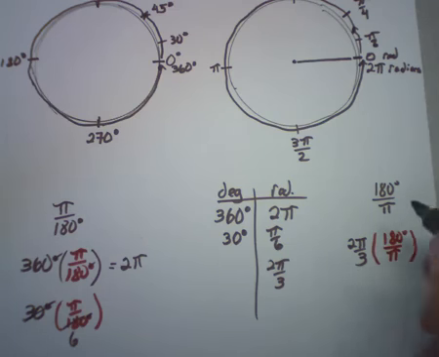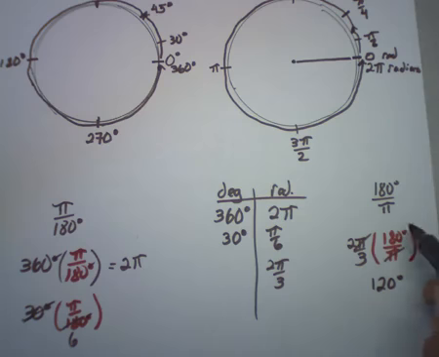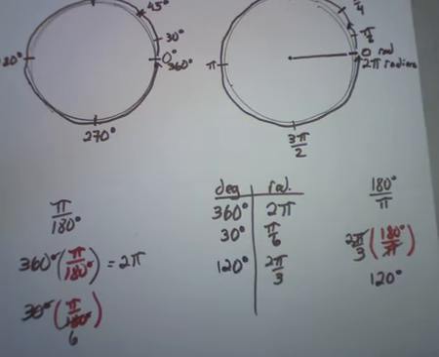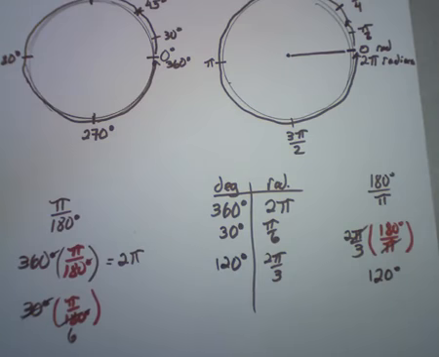But now, again, notice units cancel, the pi's cancel. And you get 2 times 180 degrees divided by 3. So 2 times 180 is 360 divided by 3 is 120. And notice we have the right unit left, degrees. So 120 degrees.